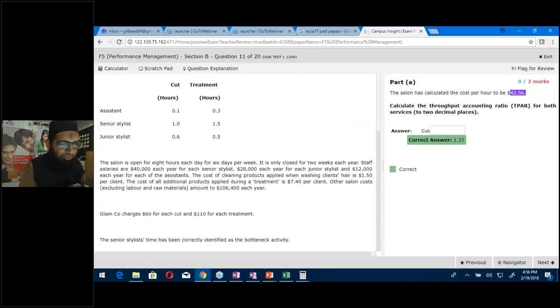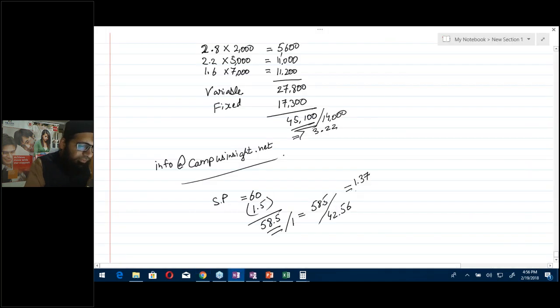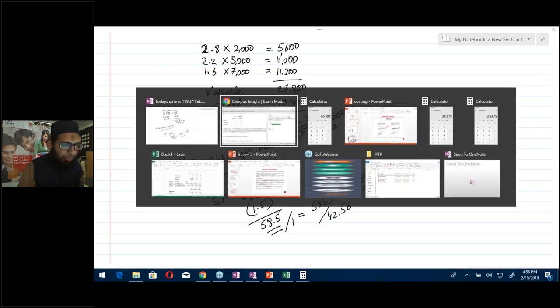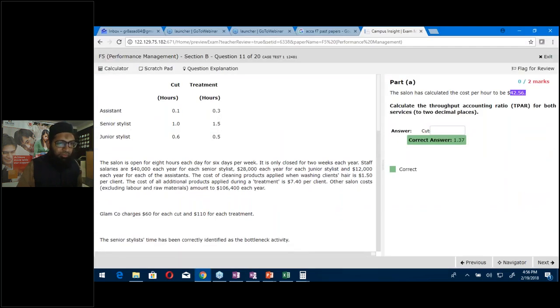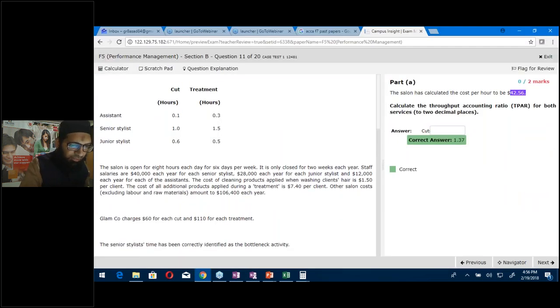Hence, if you calculate it, it will be 1.3745. As we have been asked to calculate to 2 decimal places, it will be 1.37.